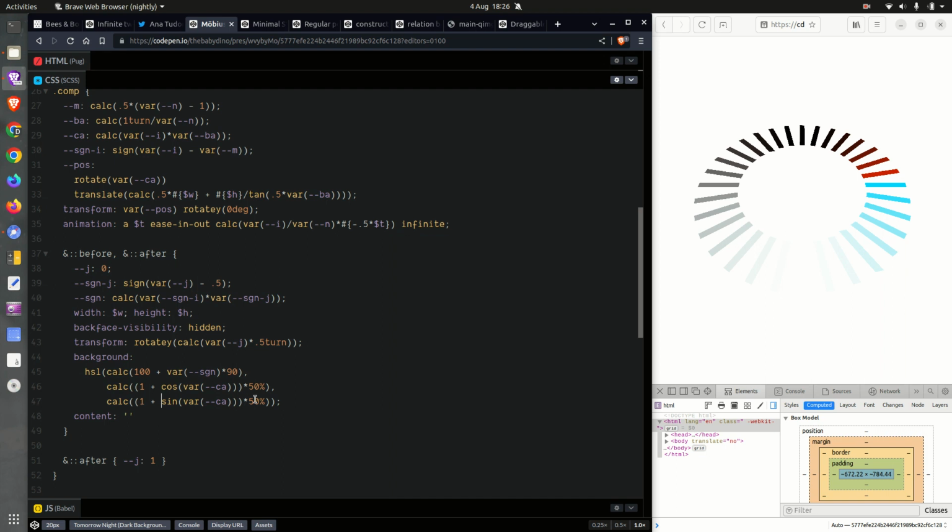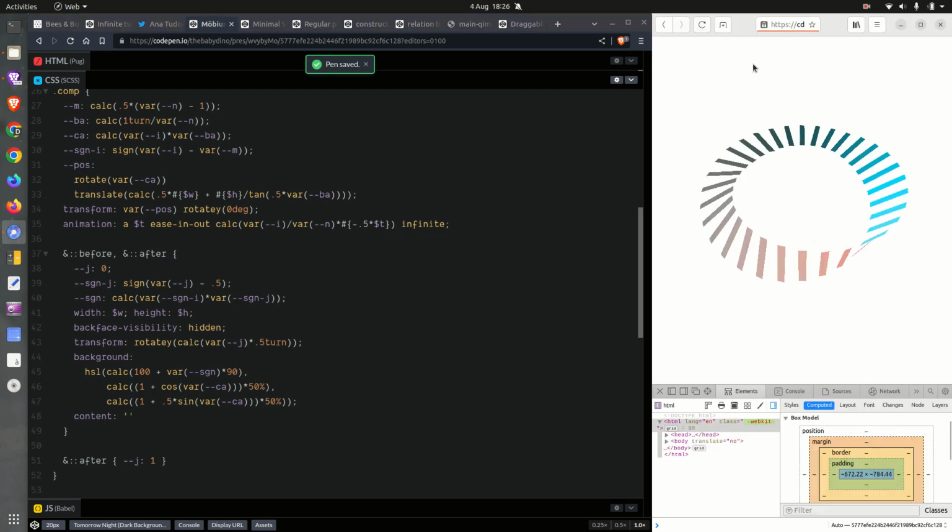To multiply with 50% gives us 100%. That is basically full white. We don't want to go up to there, so we are going to add not 1, but half of it. And when the sine is -1, then we're just going to subtract 0.5. We're not going to go to 1 minus 1, which is lightness 0, which is fully black. So we're not going to go all the way to black and white.